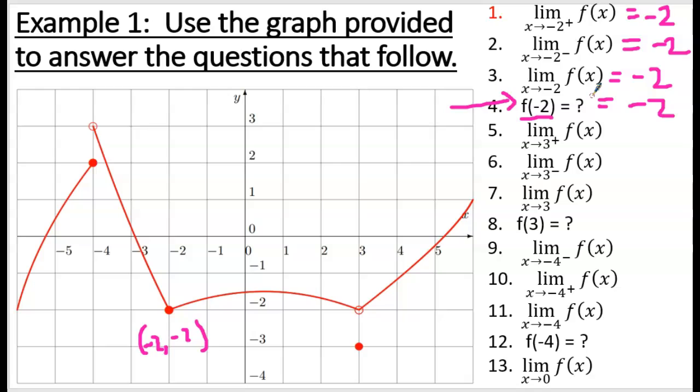So this is stupid, right? Well, not yet. Just buckle up. Just wait for me. We'll get there. But here's what I want you guys to interpret this as. If I approach from the right, the y value approaches -2. If I approach from the left, the y value approaches -2. Therefore, the limit exists.